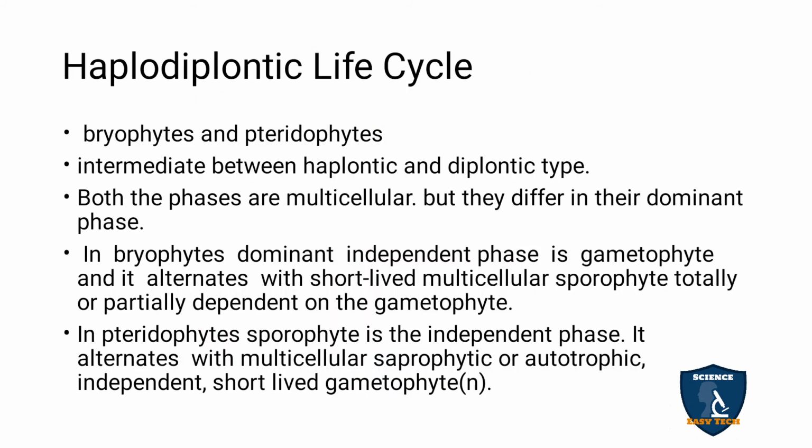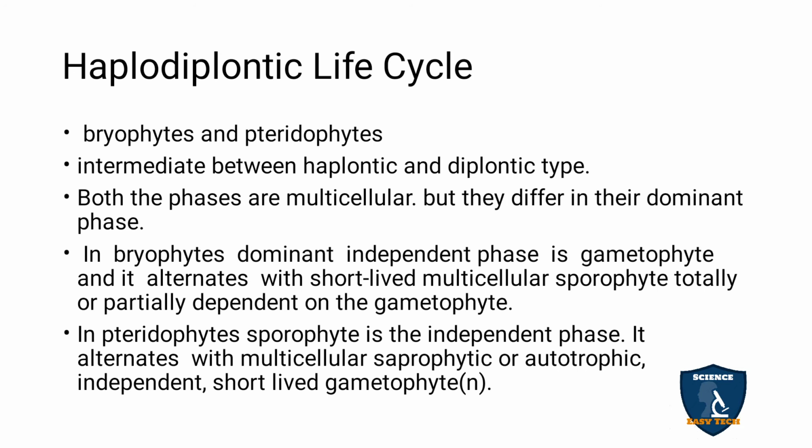Haplodiplontic life cycle: both the phases, haploid as well as diploid, are dominant, that is, they are equal. That type is called the haplodiplontic life cycle. Bryophytes and pteridophytes are the examples, and it is an intermediate between the haplontic and diplontic.